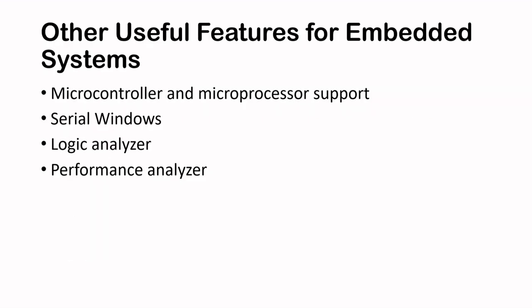Other features that would be useful for embedded systems would be a microcontroller and microprocessor port. This is going to be really useful for embedded system development if this feature is there, and you will get support for different types of microcontroller or microprocessor.